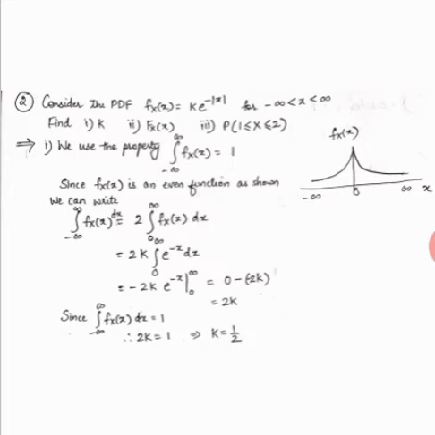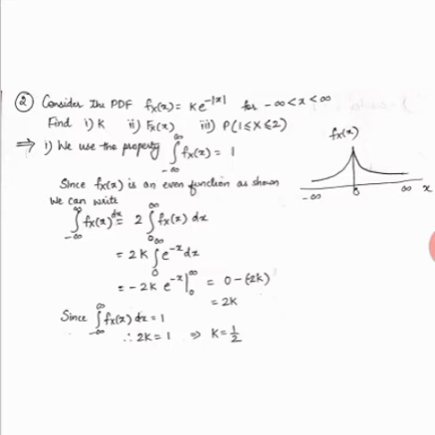So we can see that for the negative values it's an increasing exponential, and for the positive values it's a decreasing exponential, which is being plotted on the screen. We can easily see that it's an even function, it is symmetric about the y-axis. Okay, so we use the property of the even function.